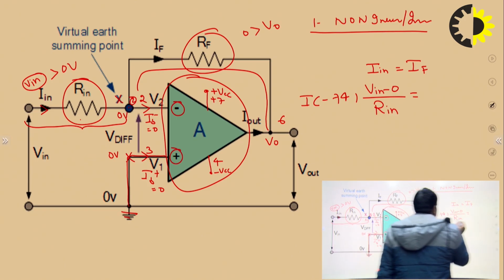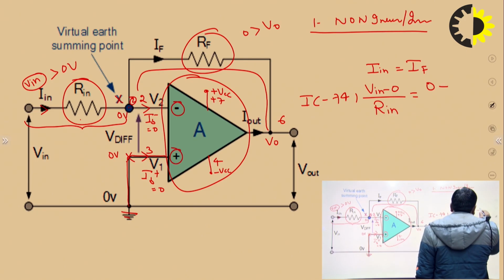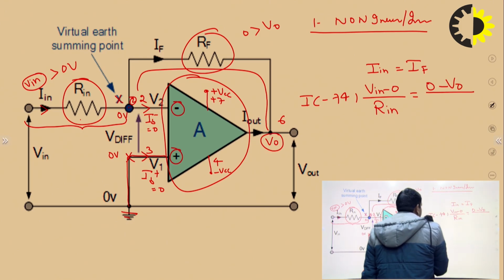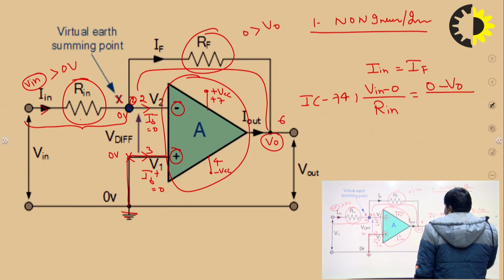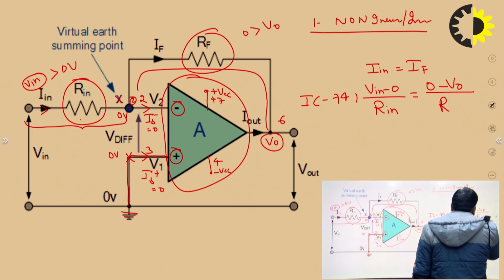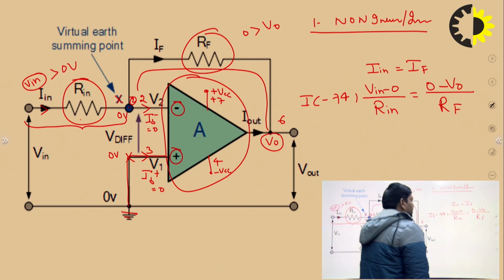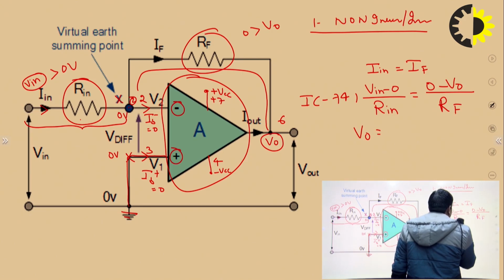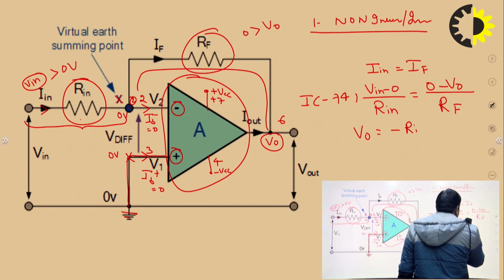The potential difference is 0 minus V naught, if we choose the output voltage as V naught, and the total resistance in that branch is the feedback resistance RF. So we easily calculate V naught in terms of R in and RF: V naught is equal to minus RF upon R in into V in.